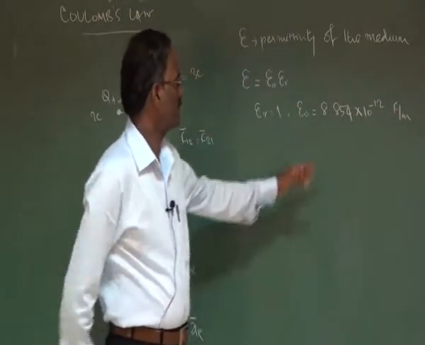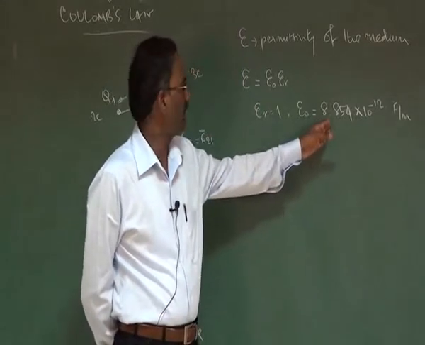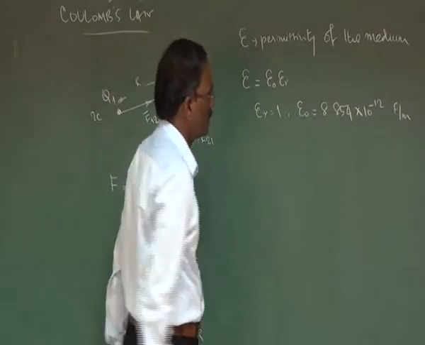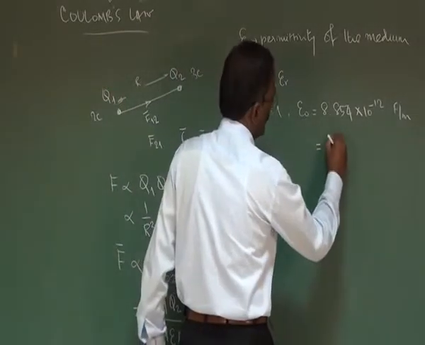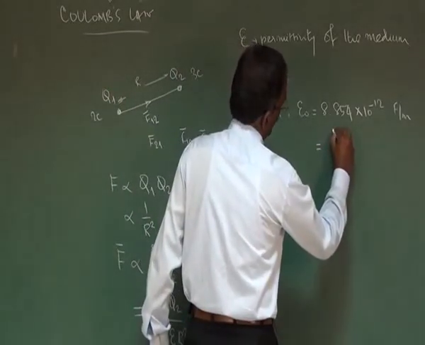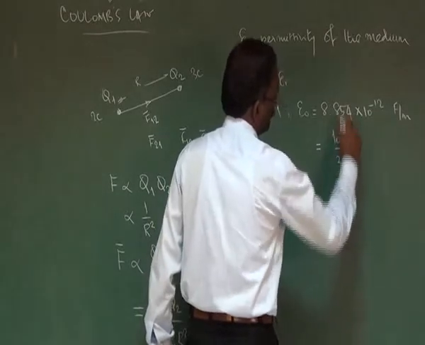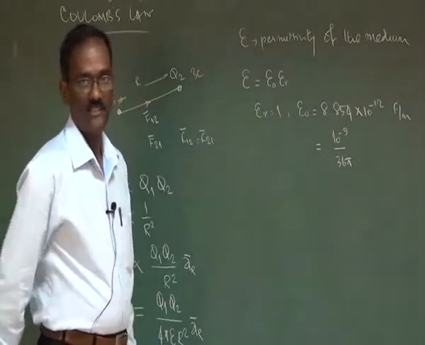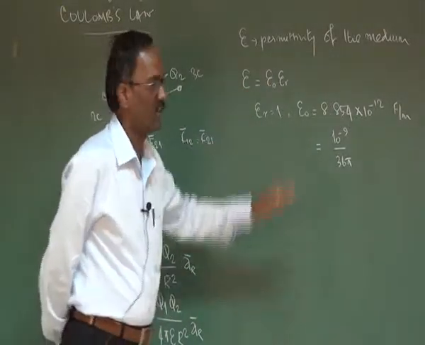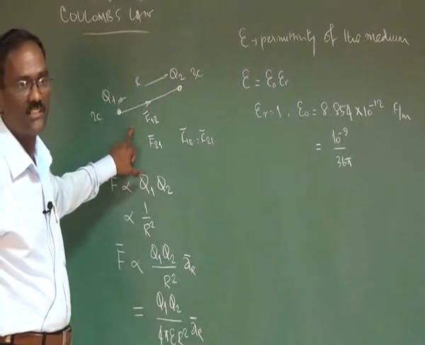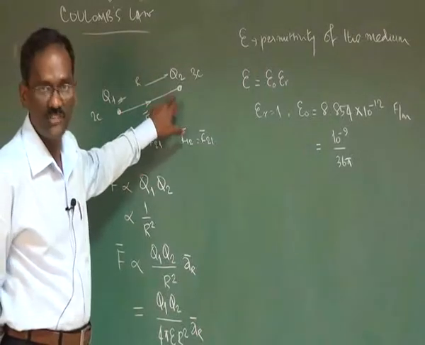By experimentation, people have discovered this value. This could also be written as 10 to the power minus 9 divided by 36 pi. Both values are same. So this is called permittivity of the medium, on which medium I am placing these 2 charges and the force I am going to calculate.